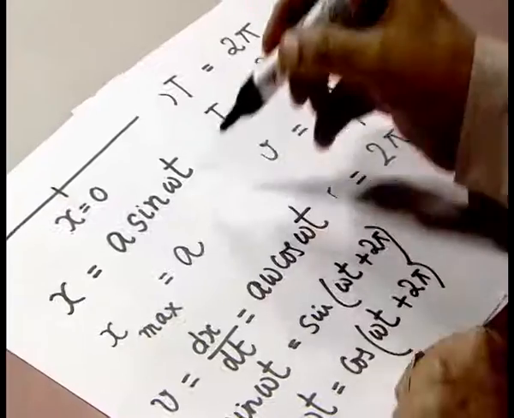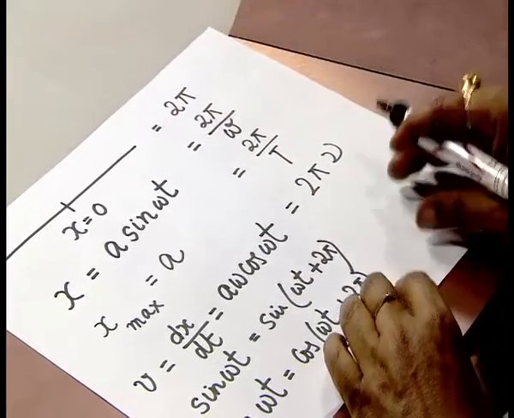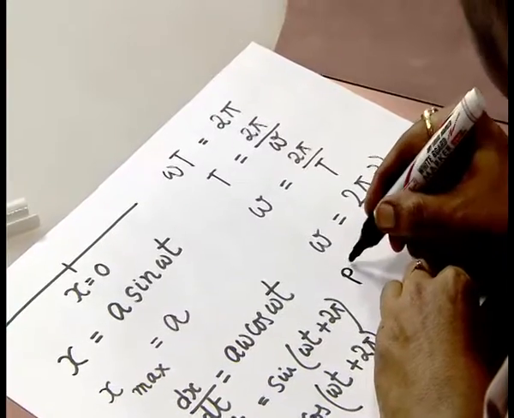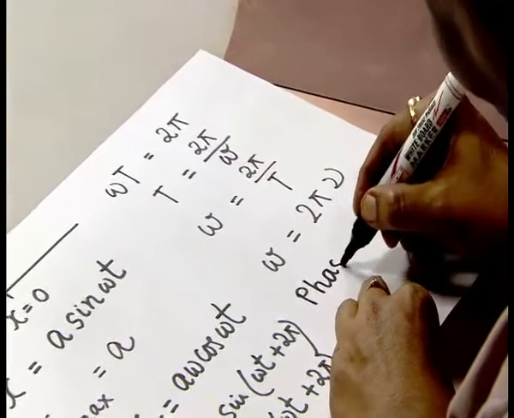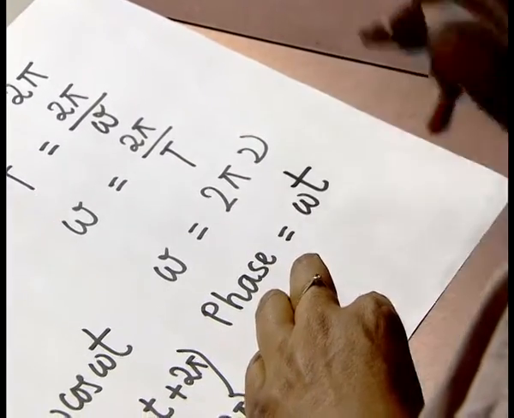And then in both the expressions of displacement and velocity, omega t appears in the argument, and that describes what we call the state of motion or the phase of vibration. Therefore, omega t is the measure of the phase of SHM, and this would be extremely important in the study of wave motion.